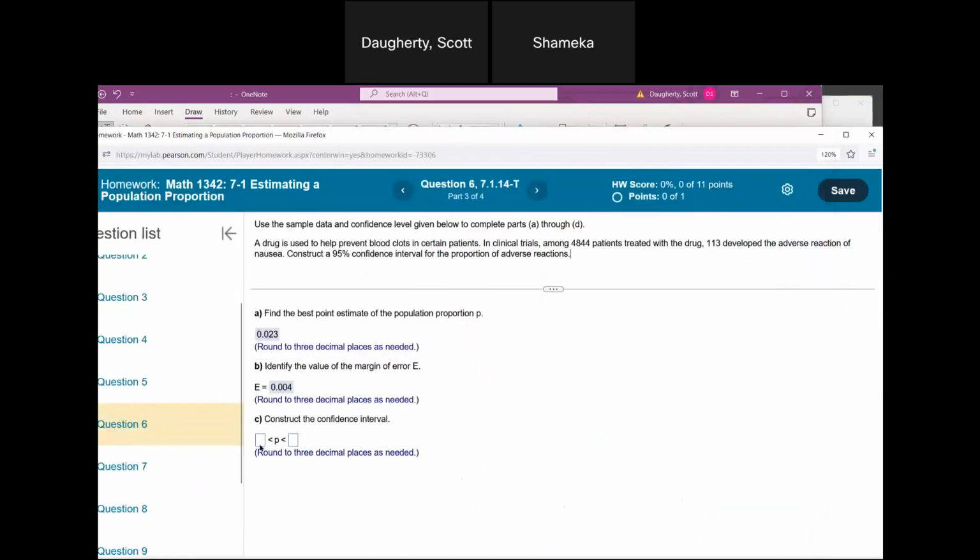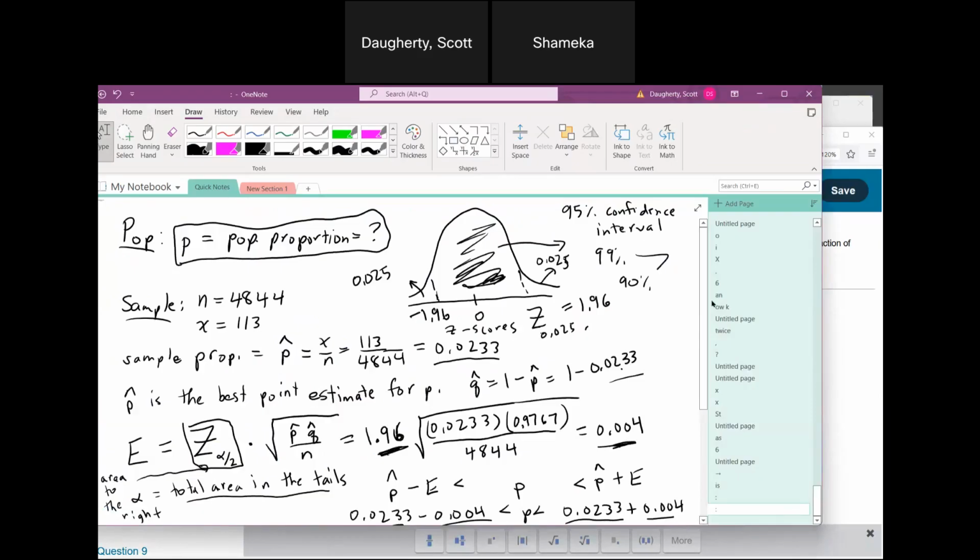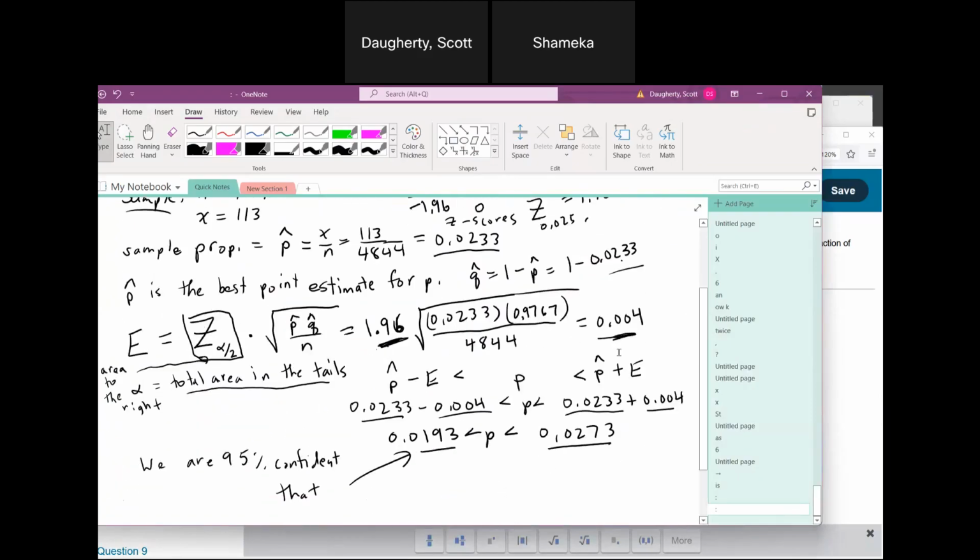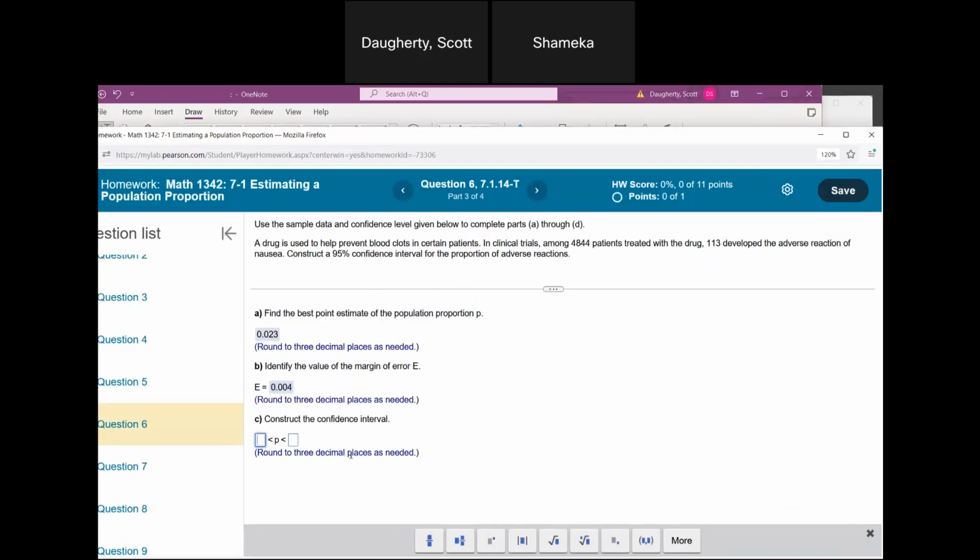Okay, so let me just plug this in and make sure we got it correct. The low number was 0.0193, and the high number was 0.0273.